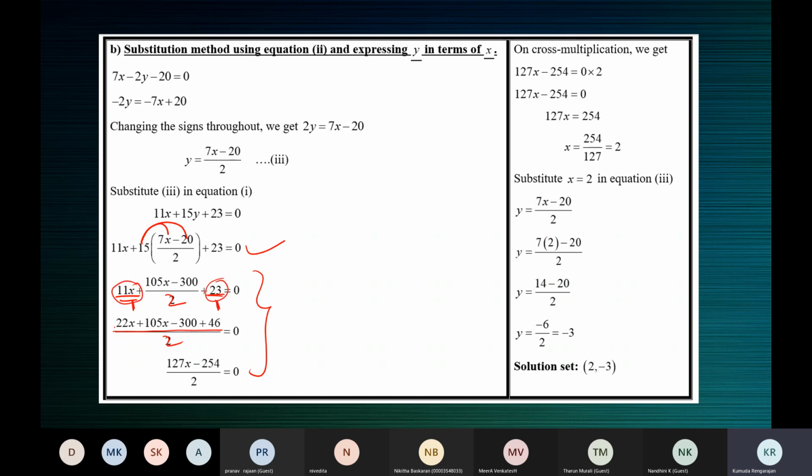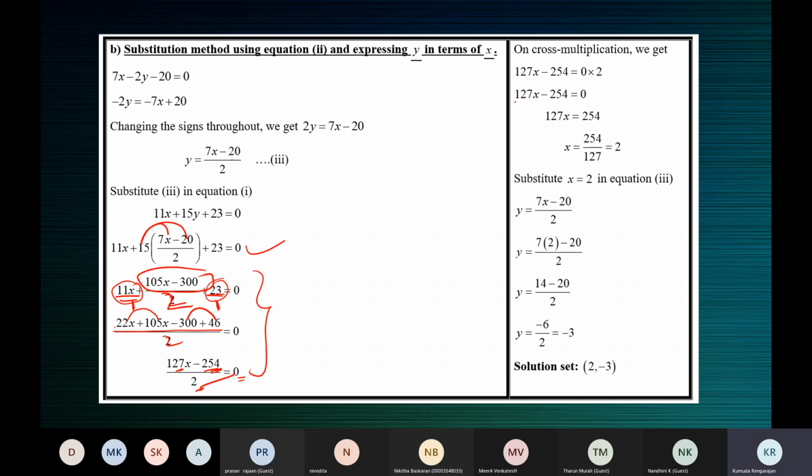This will become 46. Here the denominator is already 2, so this will come as it is, 105x minus 300, is equal to 0. Then simplify the x terms. You get 127x. Simplify the numbers here, minus 254, divided by 2, is equal to 0.